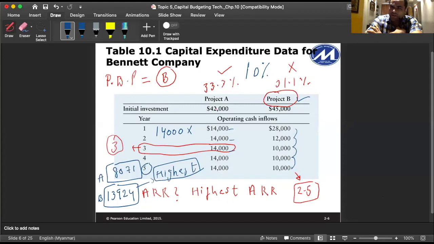5? What is 5? You have to tell me the table value. What is the table value? You have to go to the NUT table because the cash flows are even cash flows.